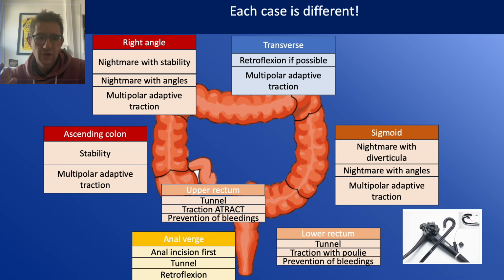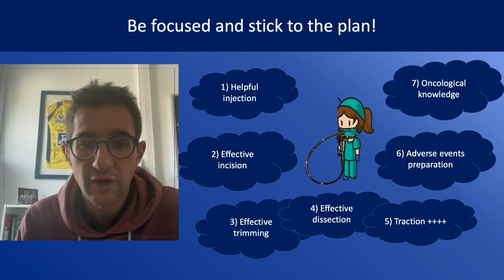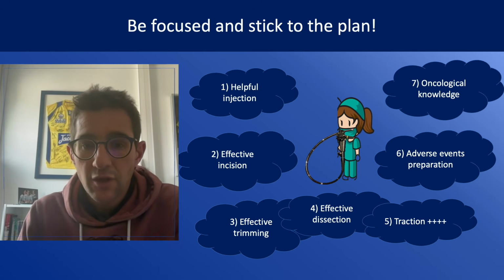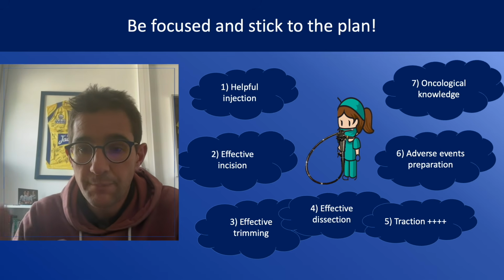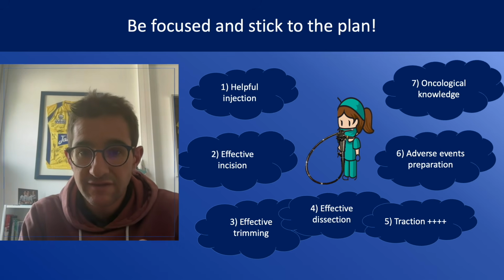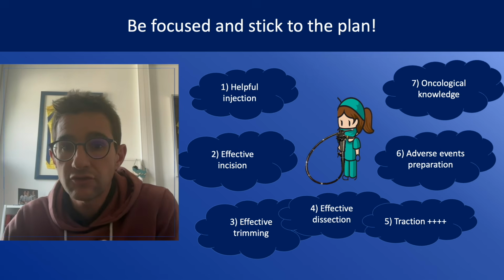So I schedule a large time slot and adapt myself with retroflexion, traction to change the shape of the angle everywhere. For the anal verge, I'll begin with the anal incision. All my a priori strategies are here, but after we will try to adjust. And after we will try to have the perfect ESD during the procedure.